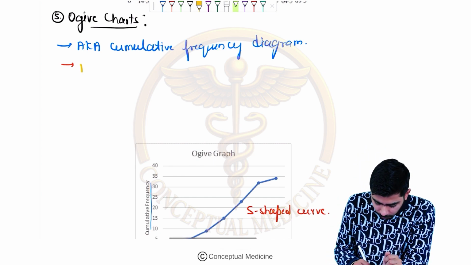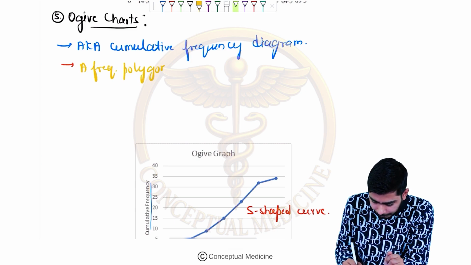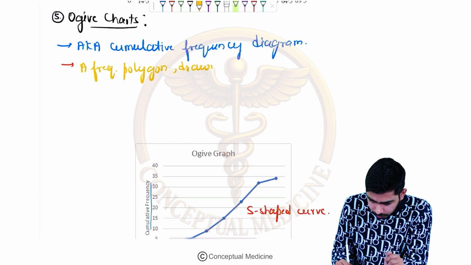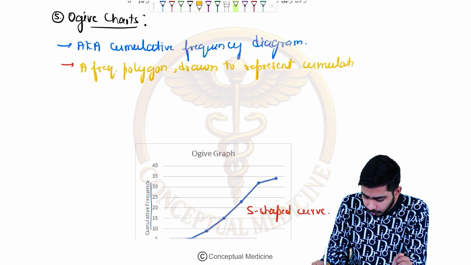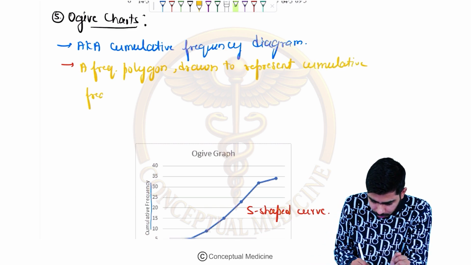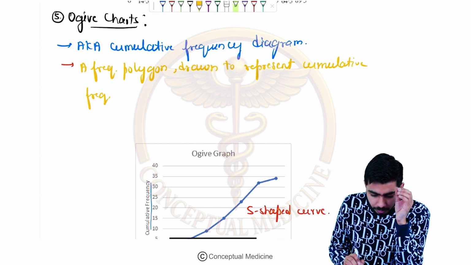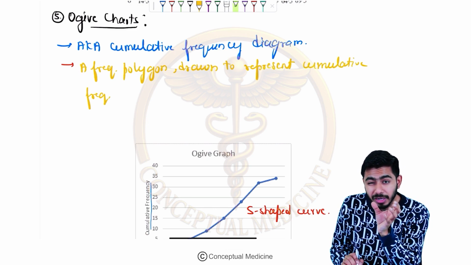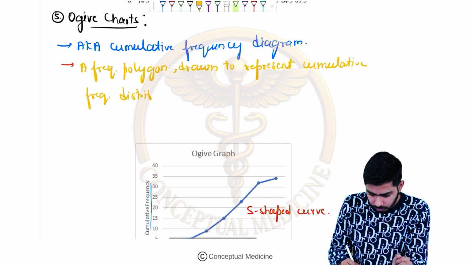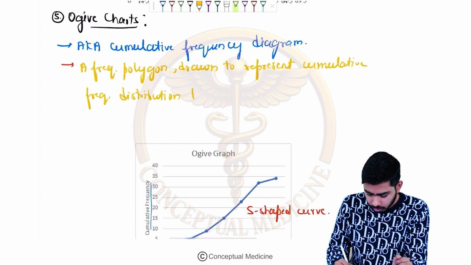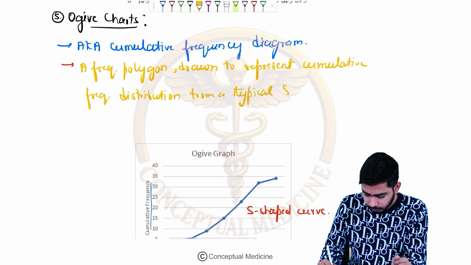So here a frequency polygon, guys, is drawn to represent cumulative frequency distribution from a typical S-shaped curve.